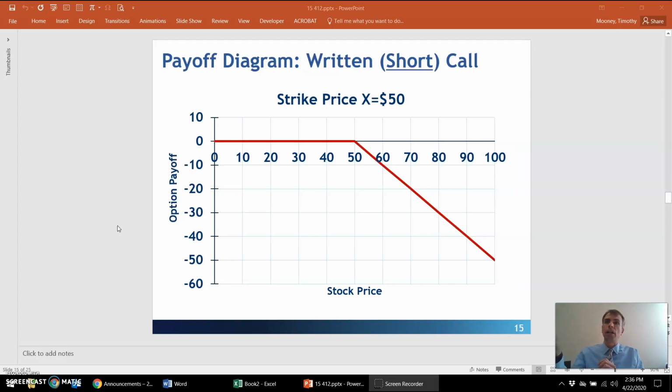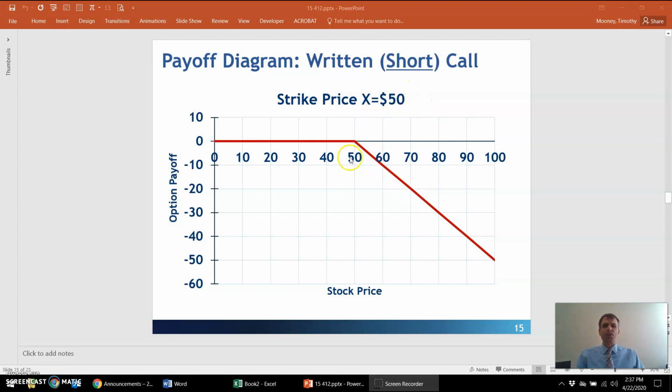Suppose I write a call option, right? I sell someone the option to buy a share of stock from me for $50. The payoff profile is actually flipped on the x-axis, as we can see. So as the stock price goes above the strike price, I'm on the hook for having a share of stock bought from me for $50.